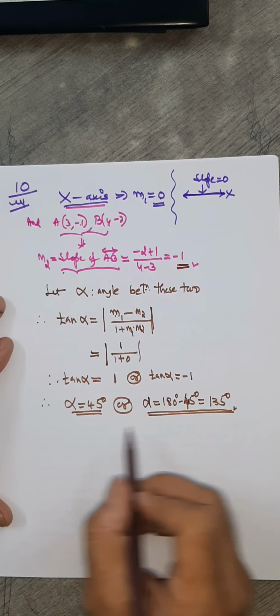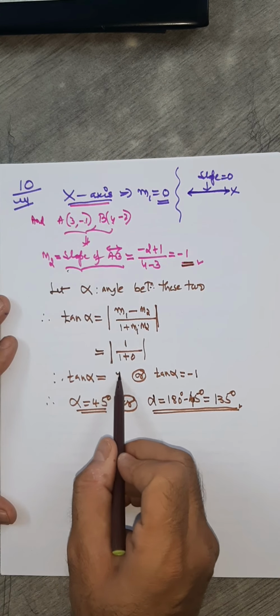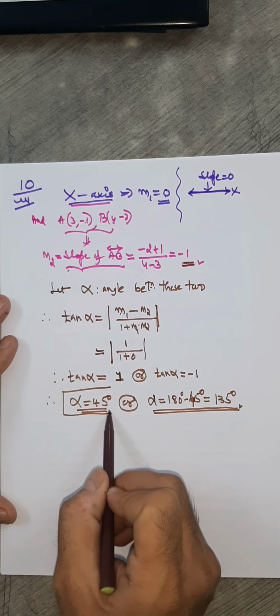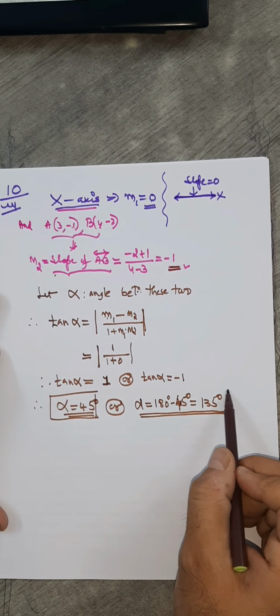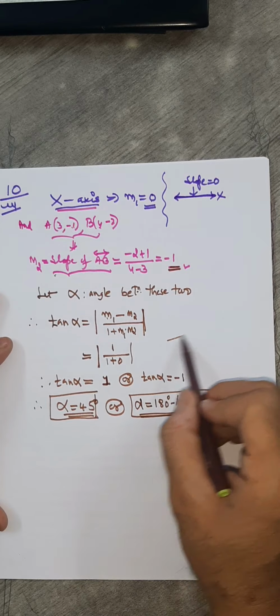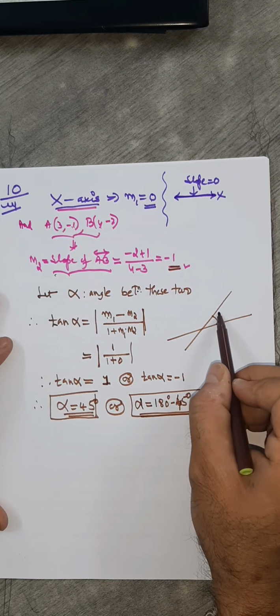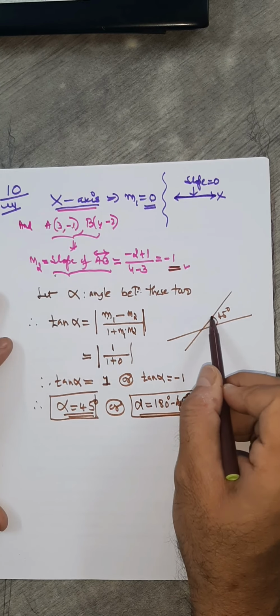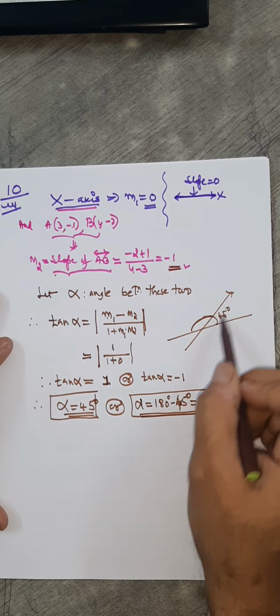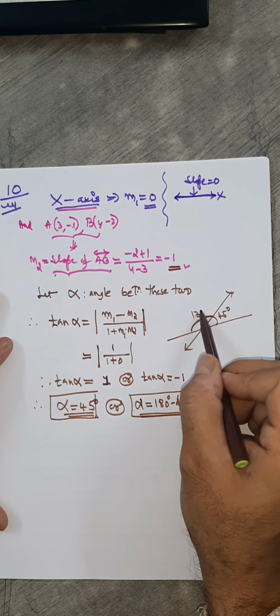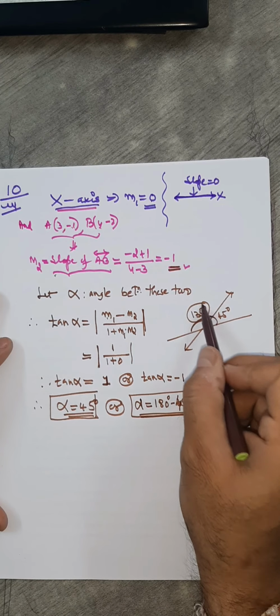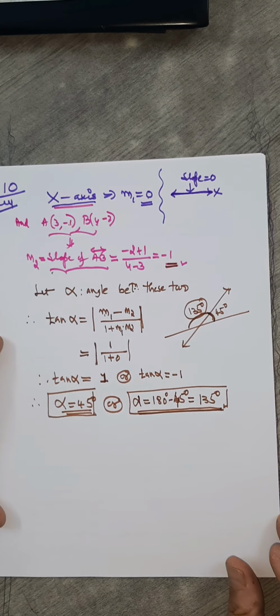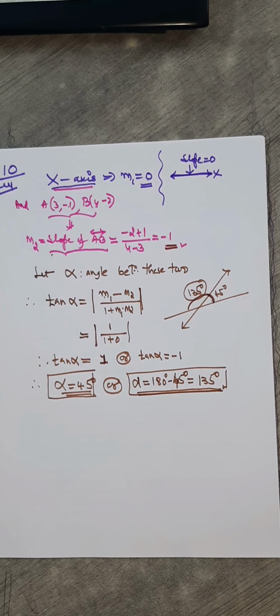Both are, according to me, correct. If you consider the acute angle, this is the angle, or you can consider 135 also. Suppose this is 45 degrees, then this will be 135. Both are angles. Normally the acute angle is considered as the angle between two lines.